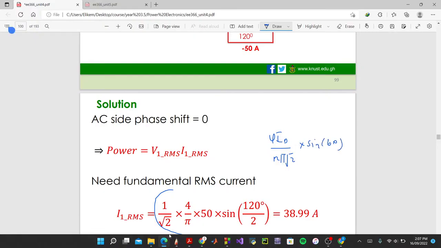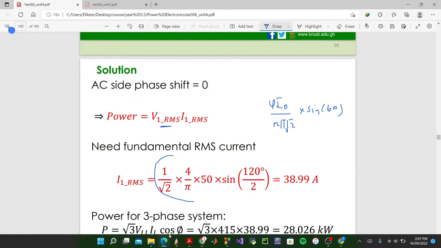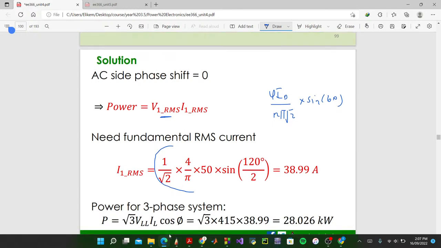So we find the RMS current and multiply by the V RMS, which we know as 415. But it's three phase, so root 3. So P is equal to root 3 V_L I_L. Now we have this side.